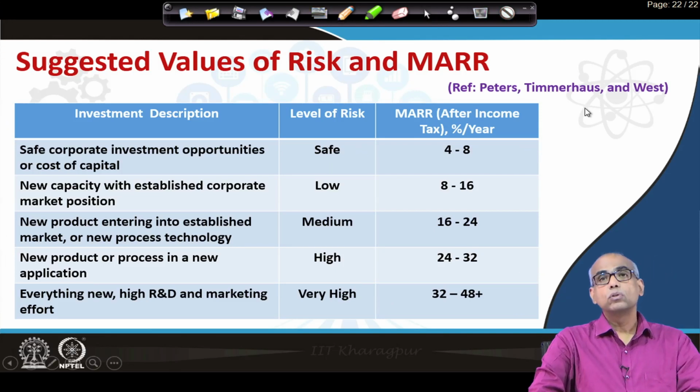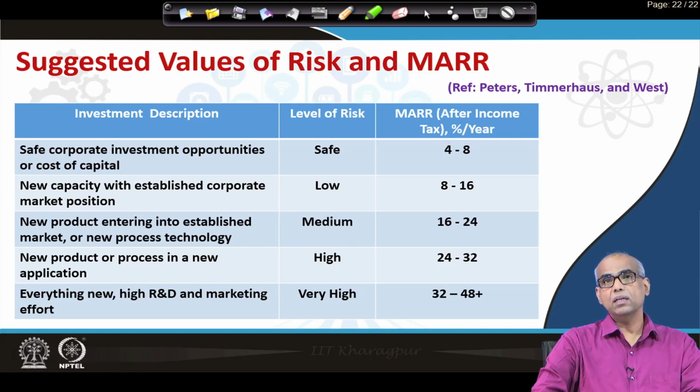So, to evaluate economically a project, you can pick up or select a minimum acceptable rate of return and then perform the economic evaluation of the project, and that project will be profitable only when it returns at least a rate which is equal to the minimum acceptable rate of return.